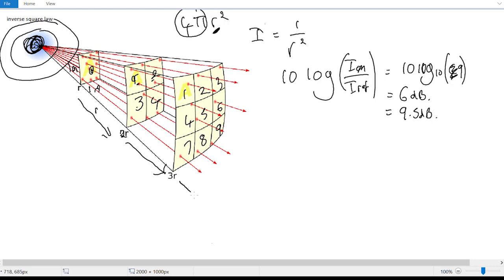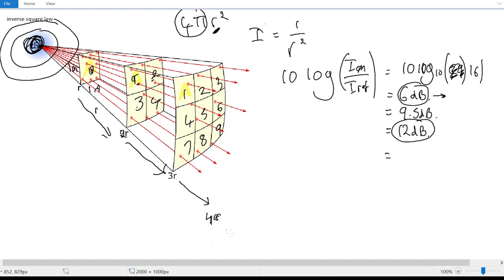And if we were to go a little further to 4r, that's nice and easy: 4 squared becomes 16, so that's now 16 that we're trying to find. That is 12 dB. So in doubling the distance, we got a 6 dB drop. In quadrupling the distance, we got a 12 dB drop.